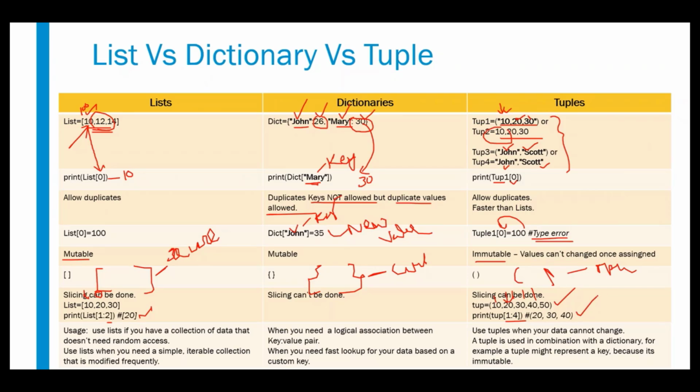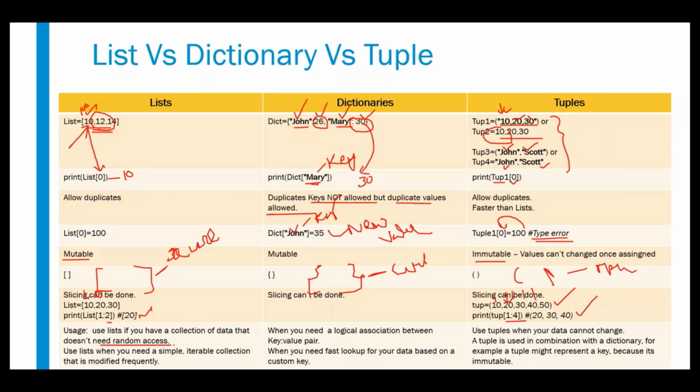But when do we need to use these types? A list we use if we have a collection of data that doesn't need random access. Another use is when you need a simple iterable collection that is modified frequently.